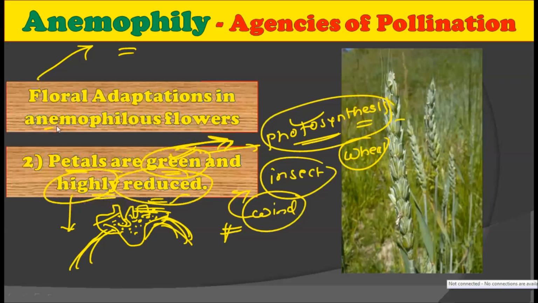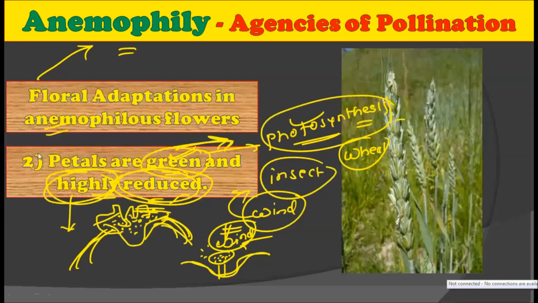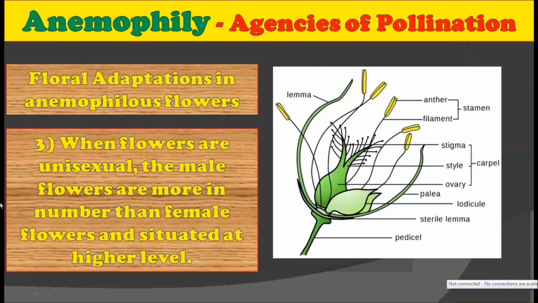So the anemophilous plants have such adaptability that they highly reduced their petals. That is, petals are literally reduced to a very low level, and this exposes their stigma in the air so that the pollen grains can land on this stigma as soon as they come from the wind.